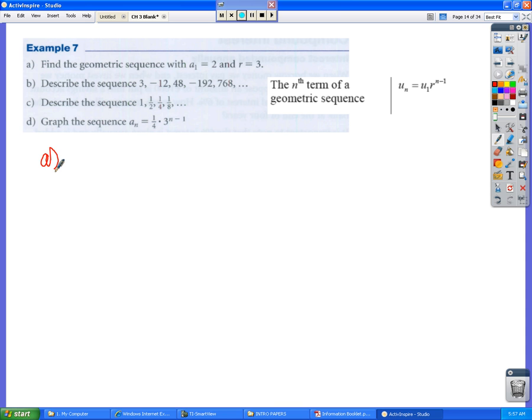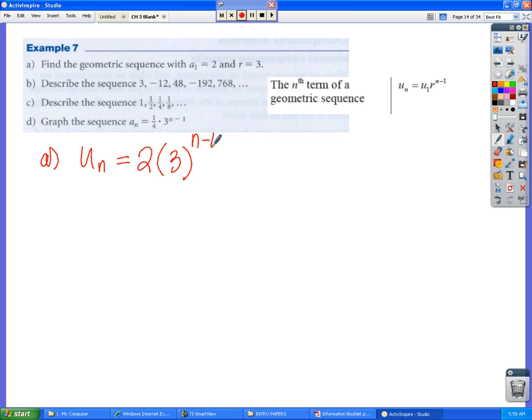Letter A, find the geometric sequence with a sub 1 equal to 2. So there's a few ways you could write the terms, or you could find u sub n, which would be u sub 1, which is 2, times the common ratio to the n minus 1. So that would actually give you the value for the nth term.